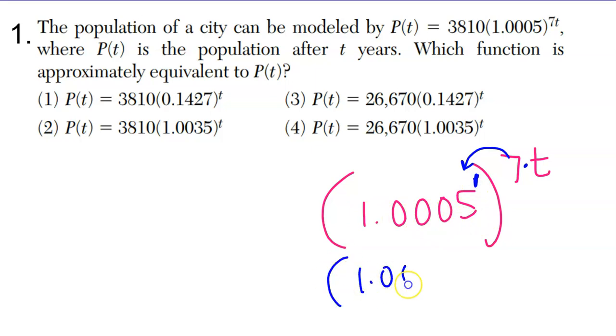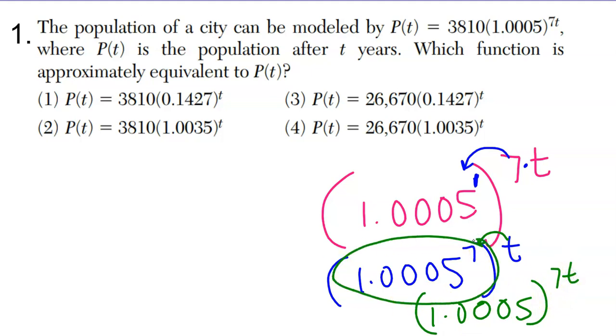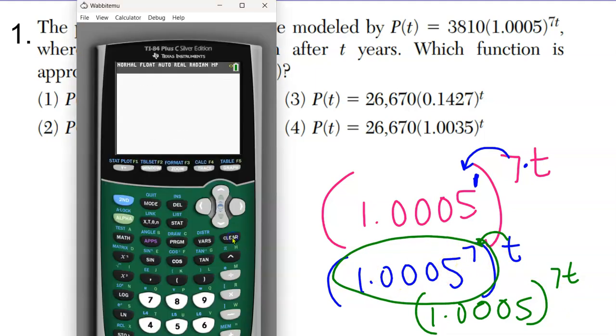This is an equivalent expression, because in order to simplify this, I could multiply this power there, and I would get 7t. I can put them together. So what I need to do is calculate this exponential base and power. I'm going to open my calculator here and type 1.0005 raised up to the 7th power.